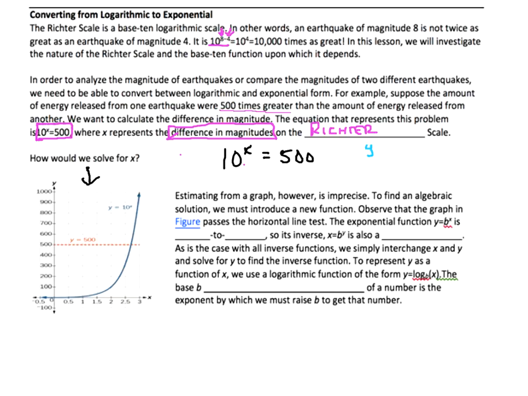So we'd do y1 equals 10 to the x, y2 equals 500. So I have this exponential function, 10 to the x, intersecting this horizontal line, y equals 500, at an x value that looks like about maybe 2.6.